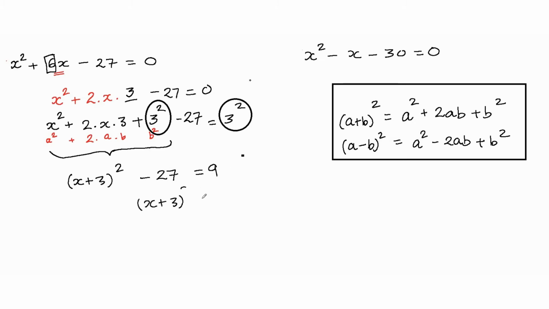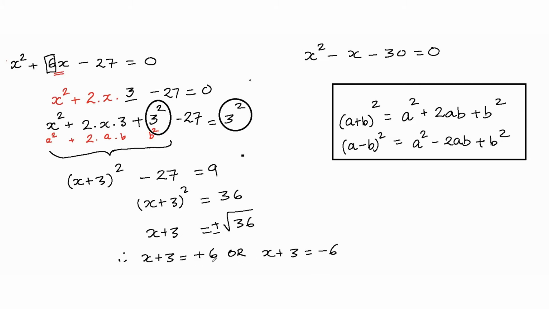I get x plus 3 the whole square is equal to 27 plus 9 is 36, which means x plus 3 is square root of 36, with a plus or minus sign. And therefore, I can say that x plus 3 is either positive 6 or x plus 3 is negative 6. This means that x equals 3 or x equals negative 9, right? And this is how we get the values for x.